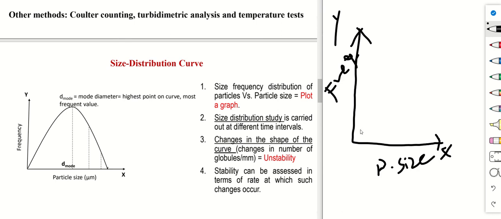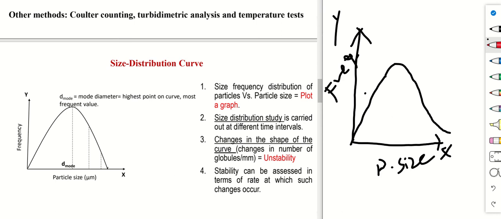Now we'll be getting some data. So for example, if we get a graph like this, the graph indicates the distribution of particles or the distribution of globules according to their sizes.